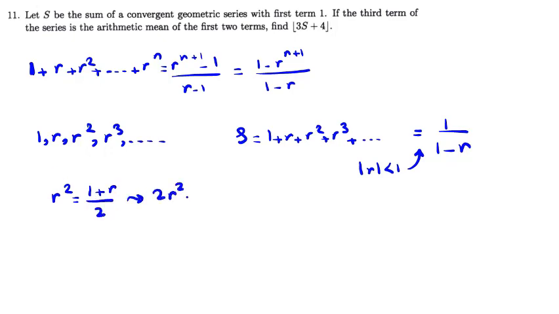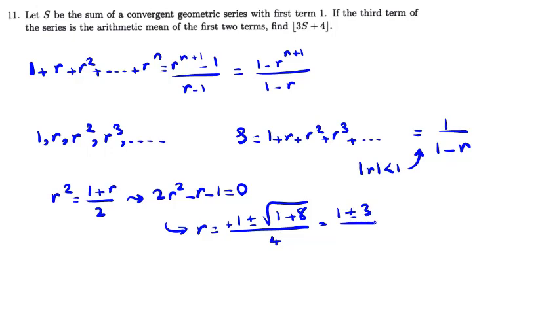So 2r squared minus r minus 1 is 0, so you can say r is negative b plus minus the square root of 1 plus 8 over 2a, which is 4. It will be 1 plus minus 3 over 4, which will be 1 and negative 1 over 2. Because it is a convergent series, the absolute value of r is strictly less than 1, so it is right.